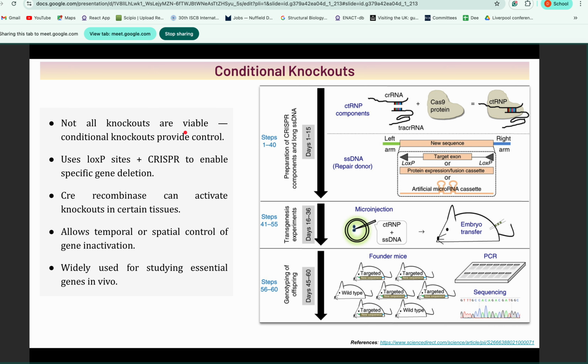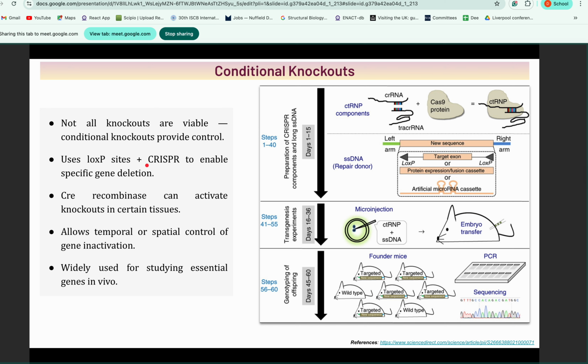Because there are some genes which are supposed to express in certain tissues. And if I knock it down in all the tissues, then my organism can die. So in that way, what I can do is conditional knockout, in which I can knock out that gene in a specific tissue, but let it express in all other tissues so that my organism can survive.